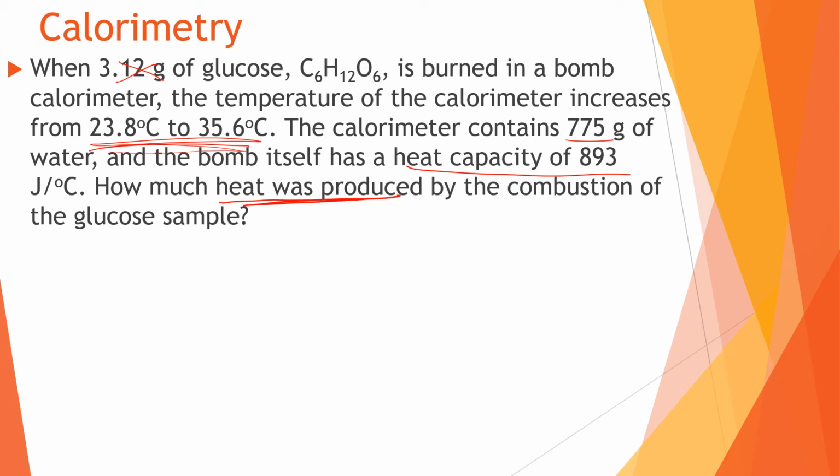Because the temperature of the calorimeter went from 23.8 to 35.6 degrees, the heat lost by the glucose is equal to the heat gained. And remember, it's gained by the water and by the bomb calorimeter itself. So we're going to do two parts here. We're going to do m c delta T of the water, and then add that to the heat capacity times the change in temperature.